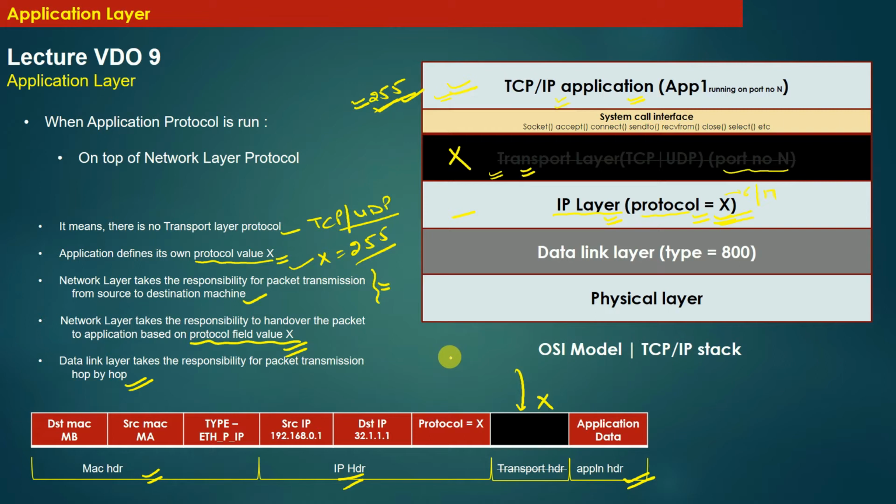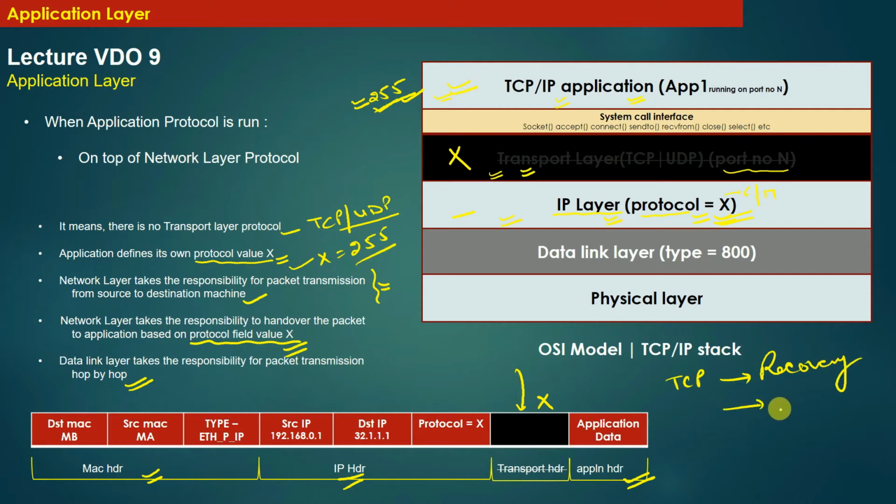So you can see here that when we run the application directly on the top of the IP layer, and there is no transport layer, it means we cannot make use of any benefits that are provided by the transport layer protocols. For example, we have a TCP protocol which provides us several benefits. For example, recovery mechanism, right?